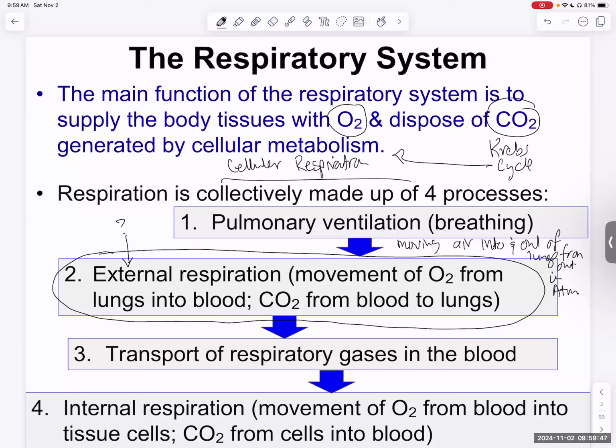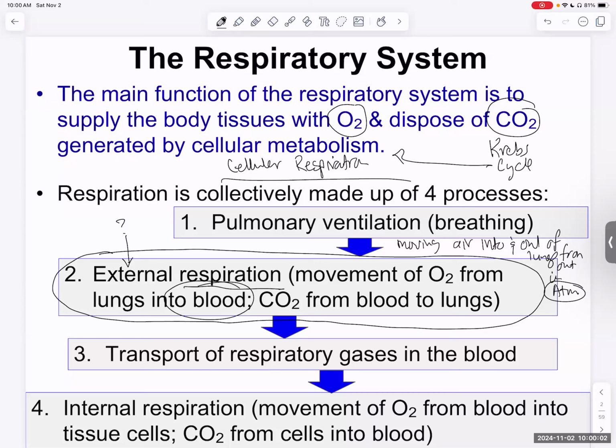And why external? Because remember, respiration is gas exchange. And we are exchanging gases between the external environment, which is the air we brought in from the atmosphere, into our blood.